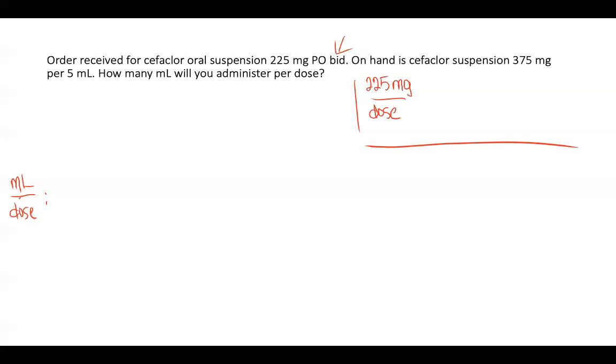This means that every dose this patient receives will be 225 milligrams. I also need what I have available. The problem says available or on hand: I have cefaclor, 375 milligrams per 5 milliliters. So 375 milligrams per 5 milliliters is written as 375 milligrams over 5 milliliters.